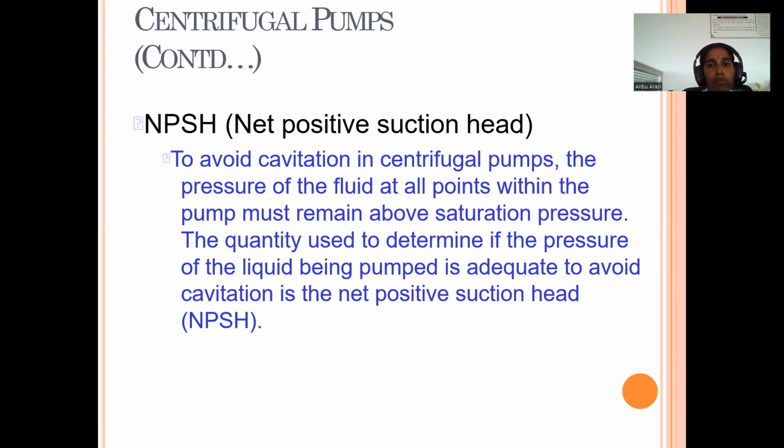NPSH means net positive suction head. To avoid cavitation in a centrifugal pump, the pressure of the fluid at all points within the pump must remain above saturation pressure. The quantity used to determine if the pressure of the liquid being pumped is adequate to avoid cavitation is the net positive suction head.